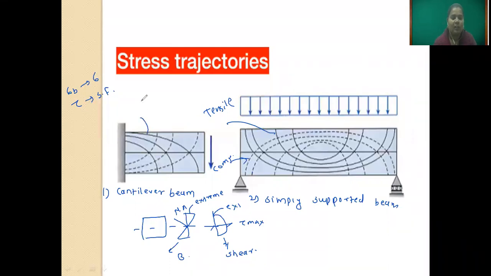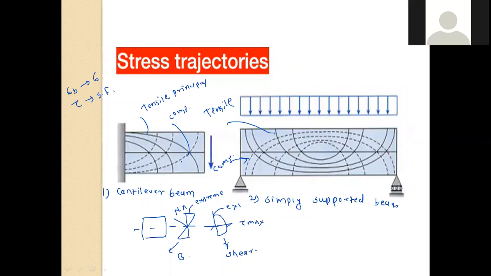This solid line indicates tensile principal stresses, and this dotted line indicates compressive principal stresses, and both the lines intersect at 90 degrees at every trajectory.